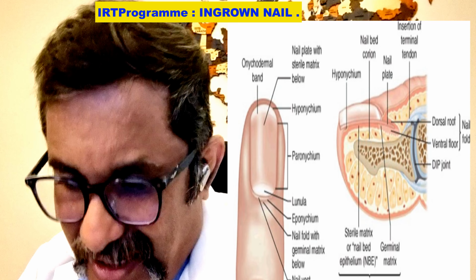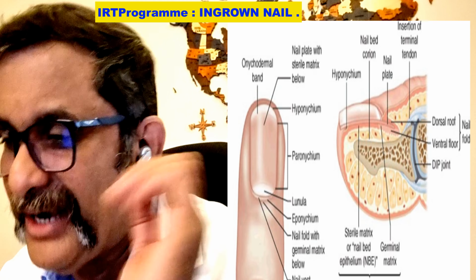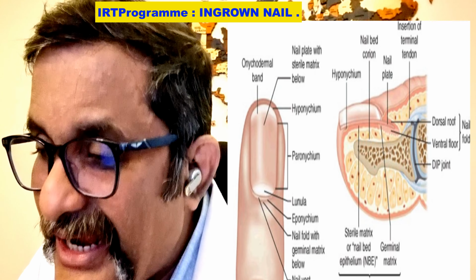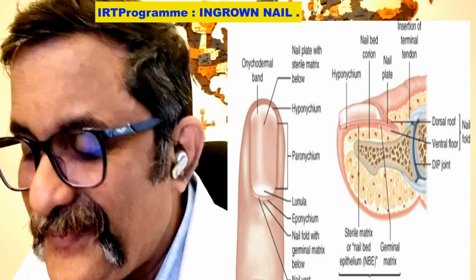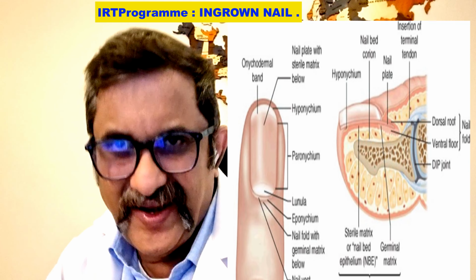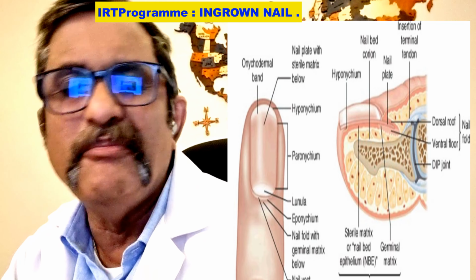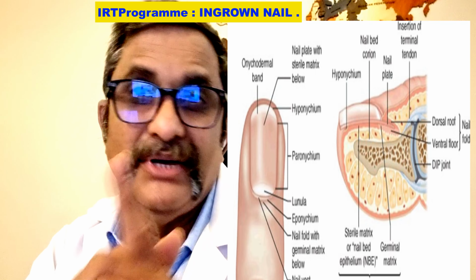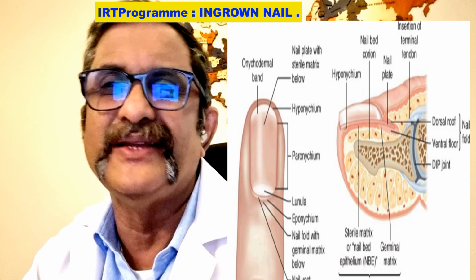And then after that, distally you have a germinal matrix. In the middle you have sterile matrix or the nail bed epithelium, NBE. So sterile matrix or nail bed epithelium, NBE, plus the germinal matrix, that is called the nail bed.